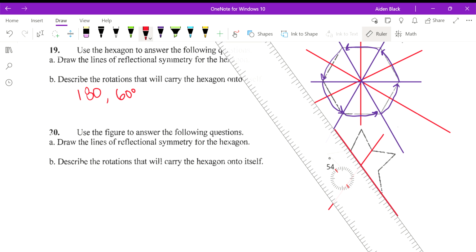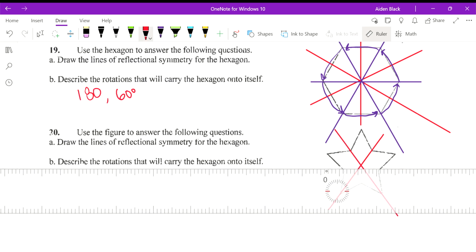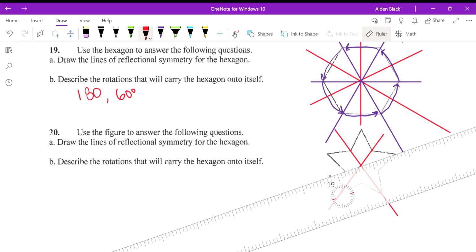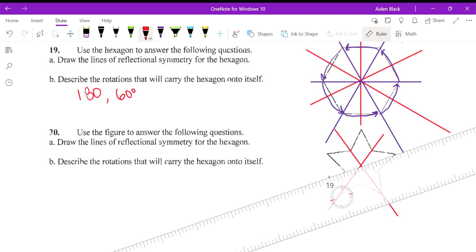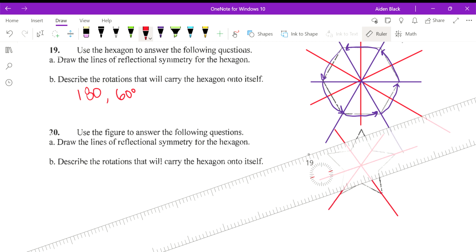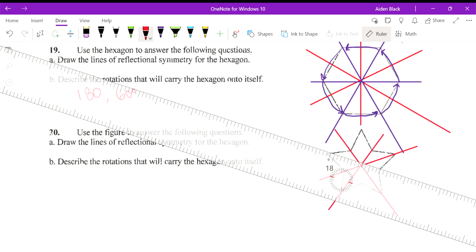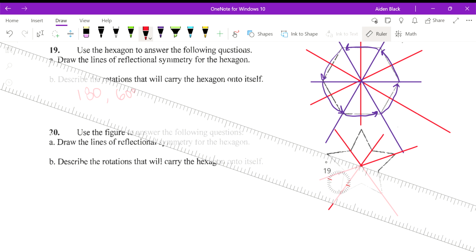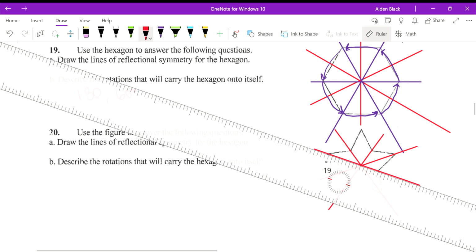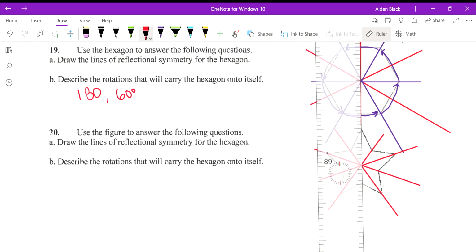Cut it here. And right here. And finally right here.